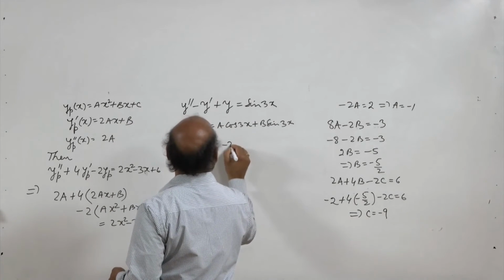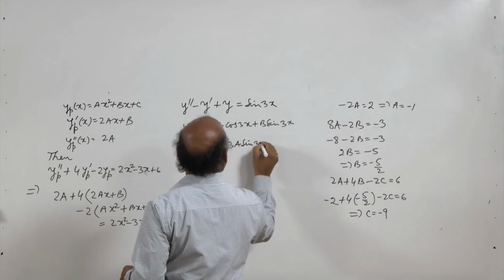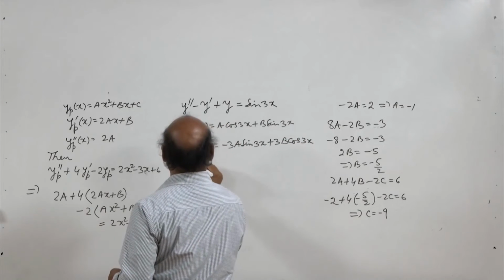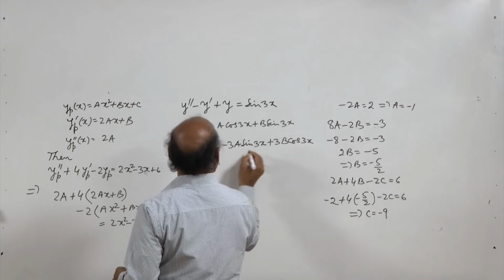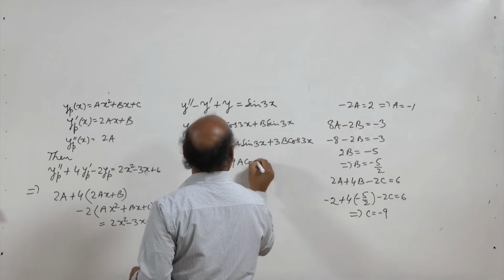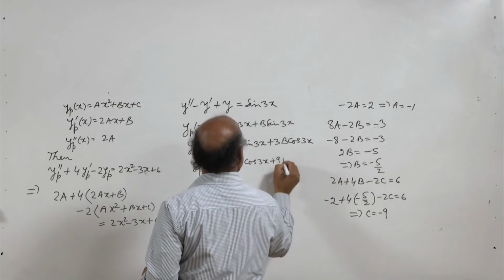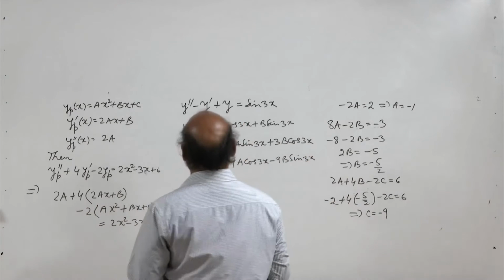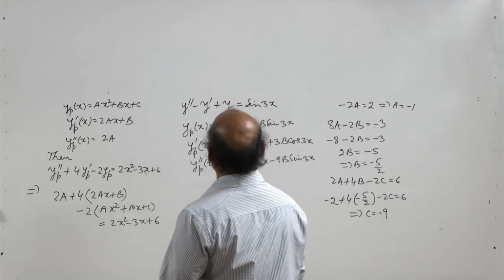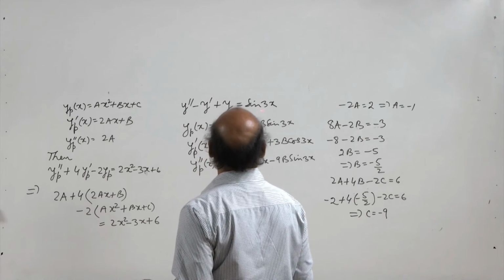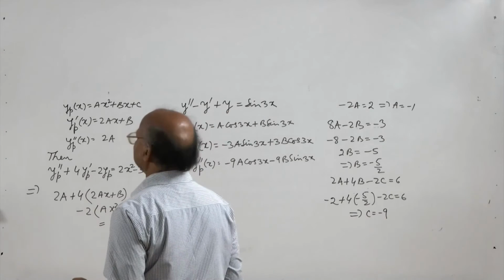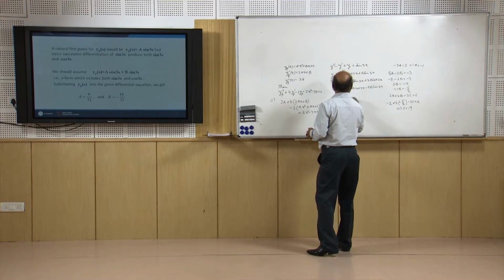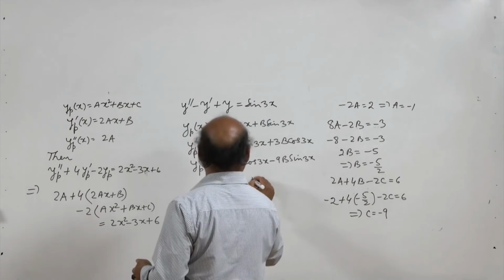This is minus 3a sin 3x plus 3b cos 3x, differentiated again, it will give you minus 9a cos 3x minus 9b sin 3x. Now, substitute the values of y_p dash, y_p double dash in this differential equation and equate the coefficients of sin 3x and cos 3x both sides. We shall get a equal to 6 by 73 and b equal to minus 16 by 73.